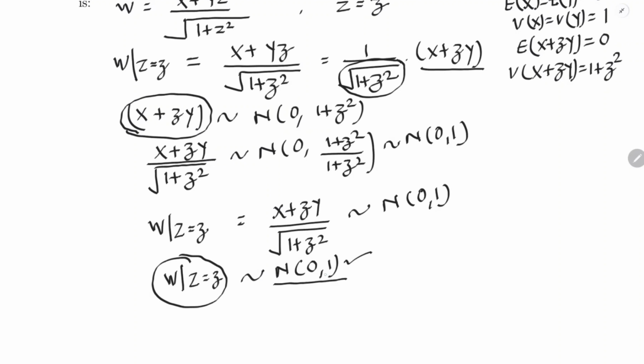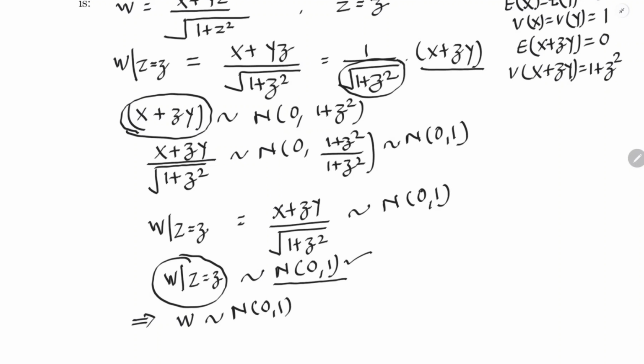So this W is independent of Z. That means the marginal distribution of W will also follow a normal distribution.